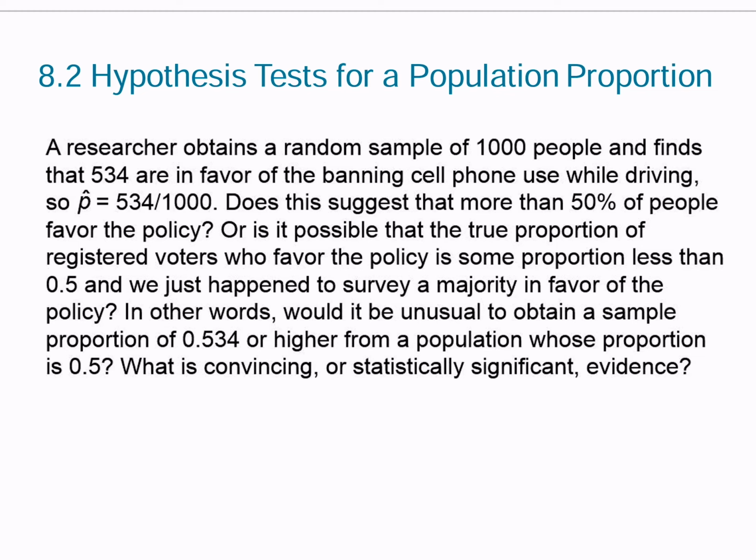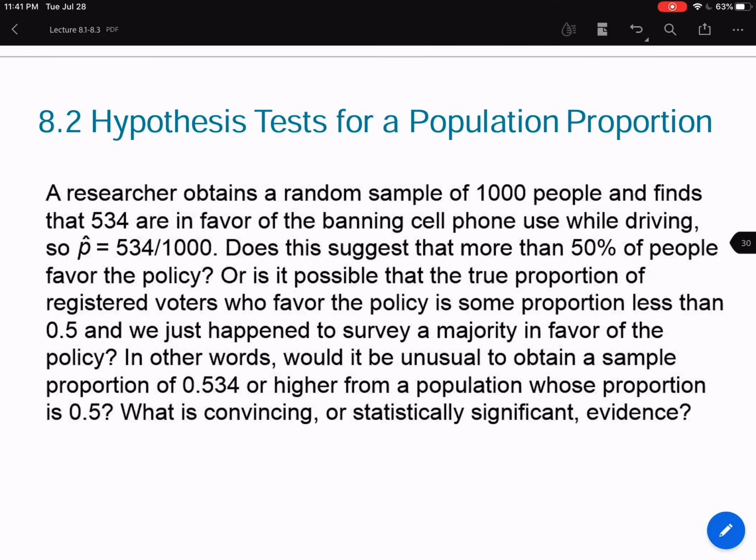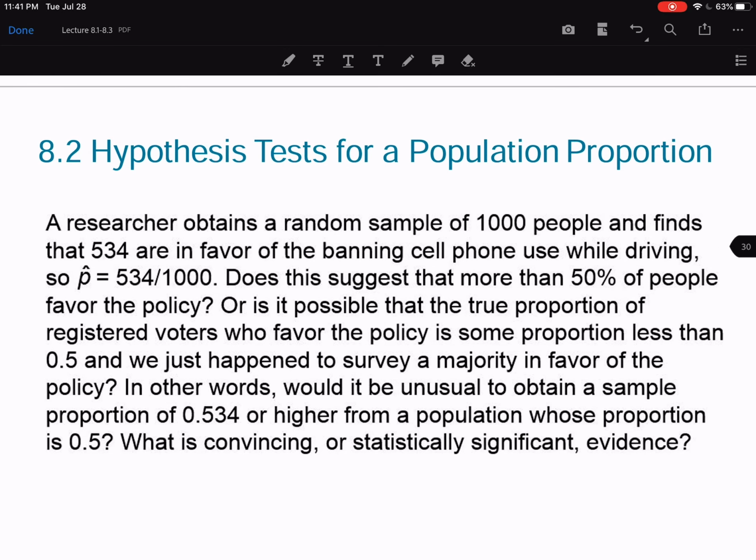Now, first of all, let's take a look at this example here. It says a researcher obtains a random sample of 1,000 people and finds that 533 are in favor of banning cell phone use when driving. So the p hat would be equal to x over n, which is 534 divided by 1,000.